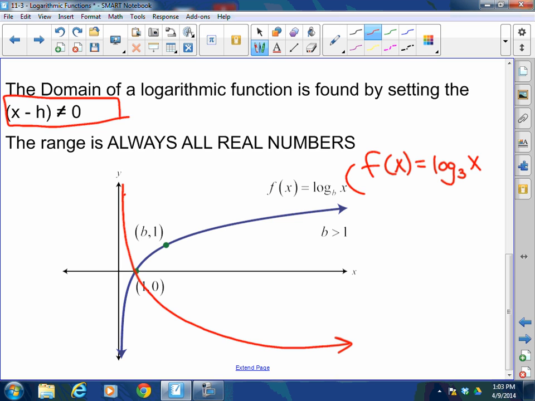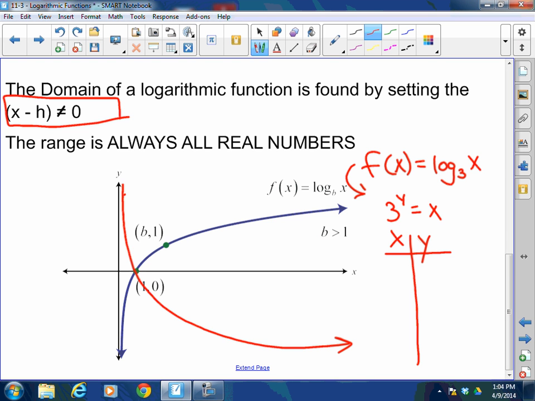First, turn this into an exponential. This is 3 to the y power equals x. Now make a table. But since the logarithm is an inverse of an exponential, is x independent anymore? No. Y is independent. So choose values of y.